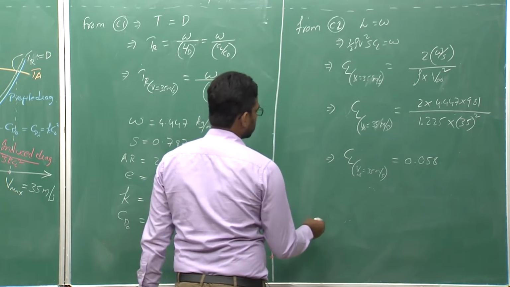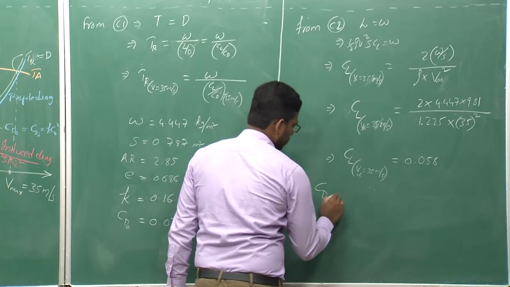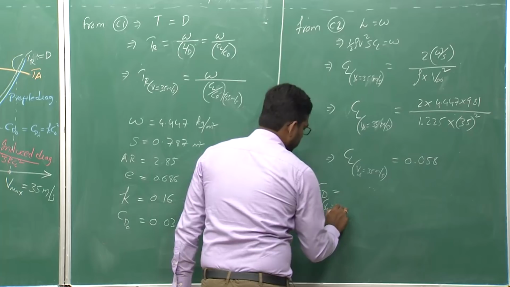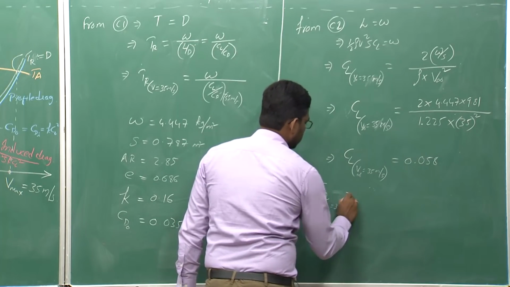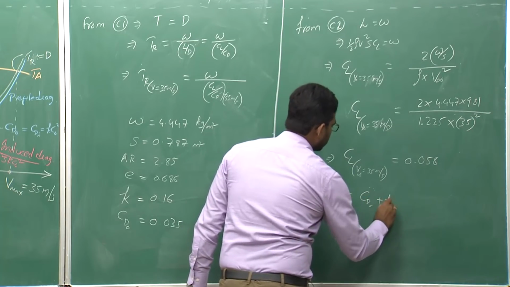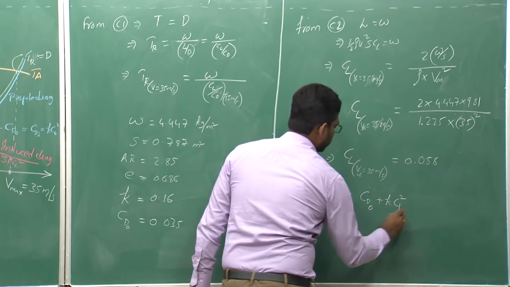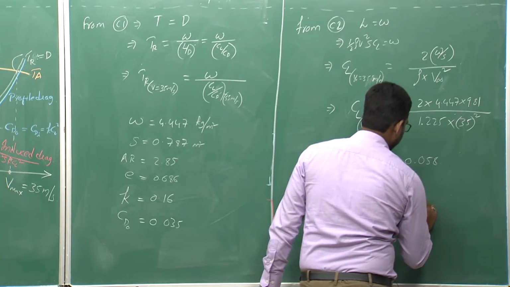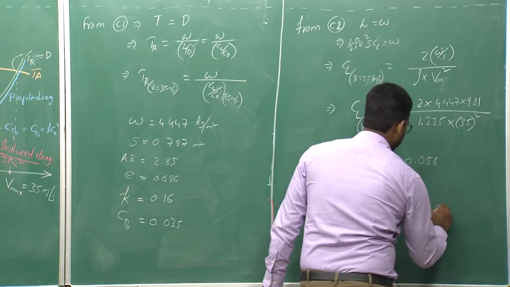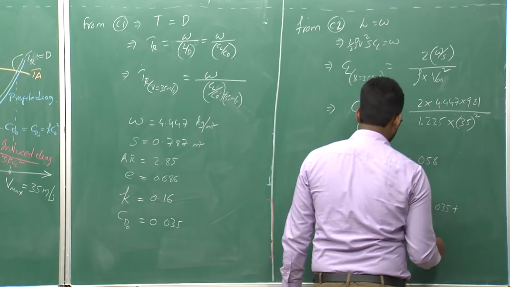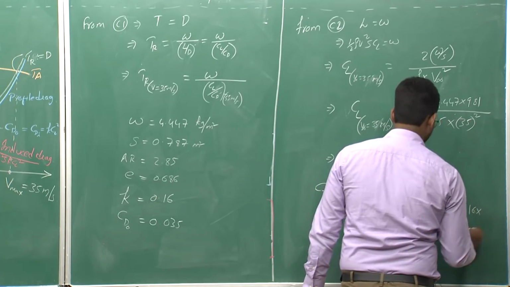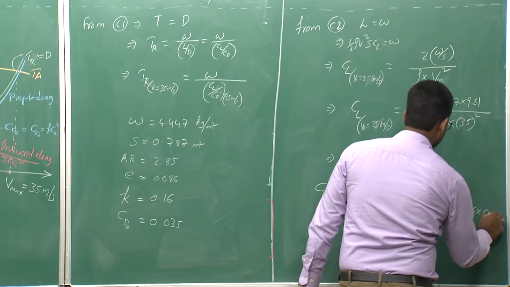Now, using this CL, we can calculate what is CD. CD for this case, at V infinity 35 meters per second, is equal to CD naught plus K CL square. It should also remain the same. What is the value? 0.035 plus what is K? 0.16 into CL square, which is 0.058 square.